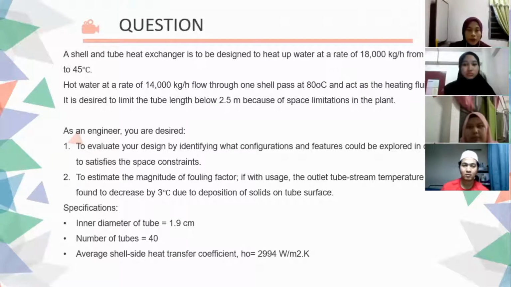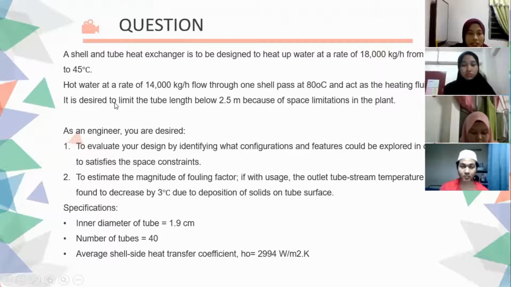So our question for Group 4 is: a shell and tube heat exchanger is to be designed to heat up water at a rate of 18,000 kg per hour from 25 degrees Celsius to 45 degrees Celsius. Hot water at a rate of 14,000 kg per hour flows through one shell pass at 80 degrees C and acts as the heating fluid.